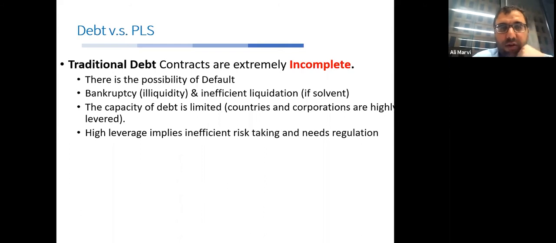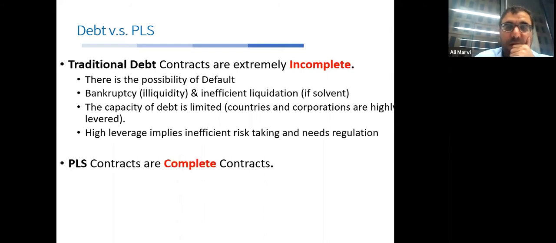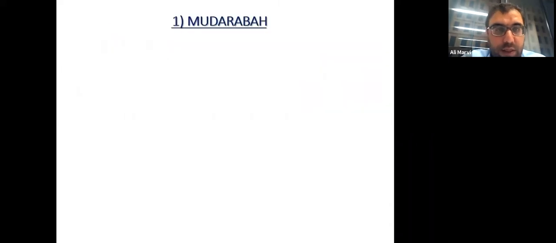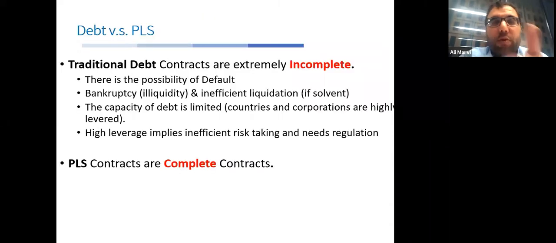And we know that high leverage implies inefficient risk-taking and needs regulation. But if PLS contracts are implemented correctly in the real world, we know that contracts are complete. If we can solve the difficulties of exerting this type of contract, we can actually prefer it to the traditional debt contracts.